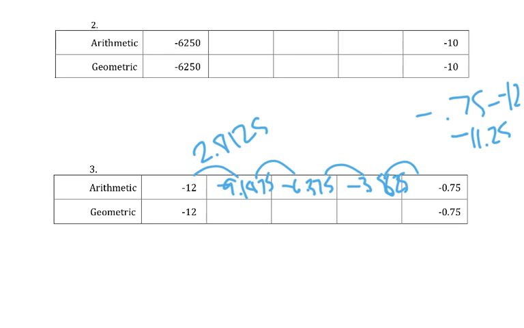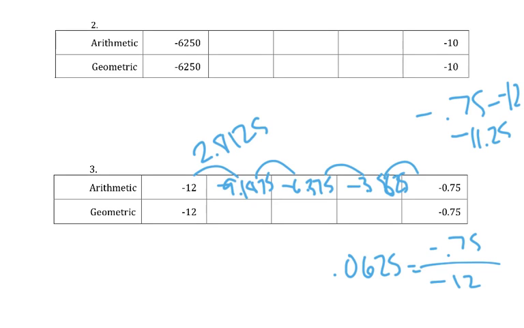Now for the multiplication, we'd go negative 0.75 divided by negative 12. That gives us 0.0625.